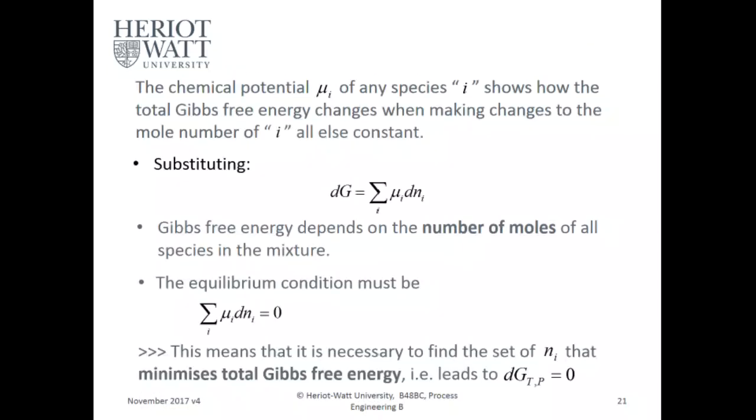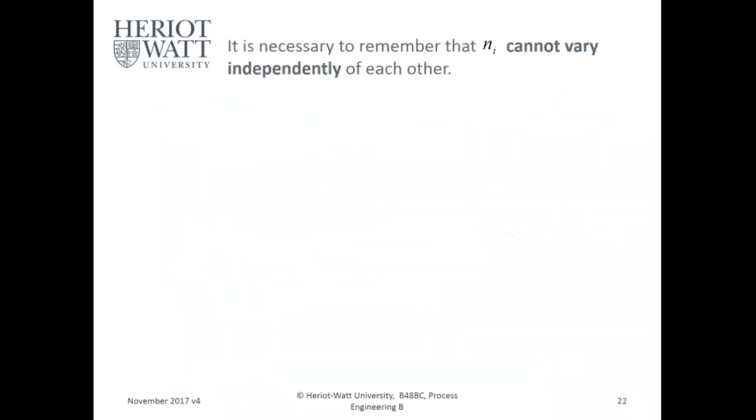Hence, this means that it is necessary to find a set of Ni that minimizes the total Gibbs free energy, leading to dG at constant T and pressure to be 0. So this is how you determine the best thermodynamic route for a chemical reaction. It is necessary to remember that Ni cannot vary independently of each other.